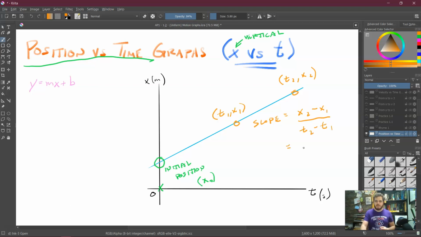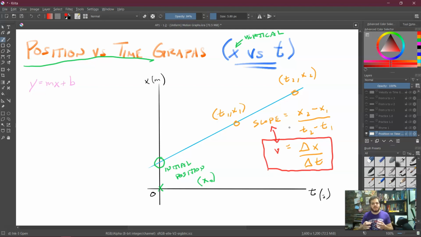But this is no different than delta x over delta t. Well, that looks really familiar, and that's because this is the equation for velocity. So the slope of this graph is actually telling us the velocity. And so in the previous graph, your friend's graph was steeper because it had a greater velocity. It was moving faster than yours was.